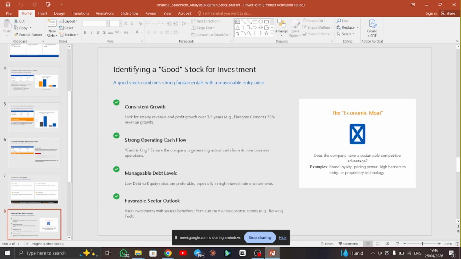Now there are some companies in this agro-allied sector, like Presco, Okomu Oil, and the rest of them, that their stock price now is almost 1,000 naira. And this Zishi's agro-allied I was talking about, I think it's just this year.